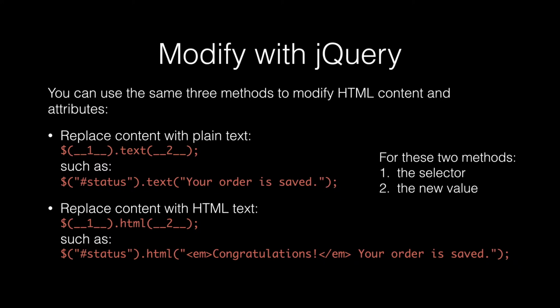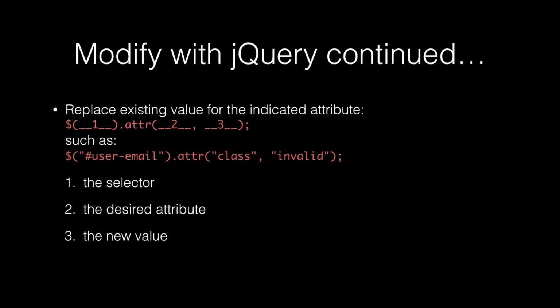Okay, so when we want to modify plain text or HTML text, we just pass in the desired value to the parentheses that we have from earlier. Now with attributes, we're going to do something very similar, but because we already had used the first parameter in the attribute to specify which attribute we wanted to modify, we now add a second parameter that contains the new value we want for that attribute.